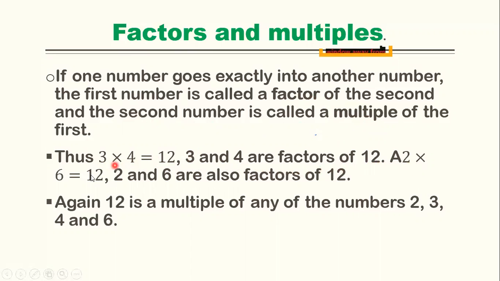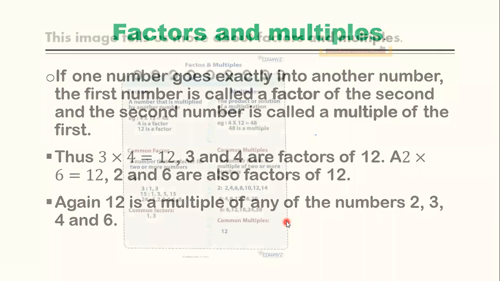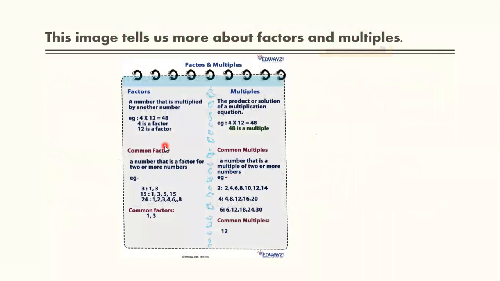Then the 2 and the 6, which we multiply to get 12 also, are also factors of 12. Since 12 is got after multiplying 3 times 4 and also 2 times 6, then 12 is called a multiple of 2, 3, 4, and 6. So basically, that is what factors are.